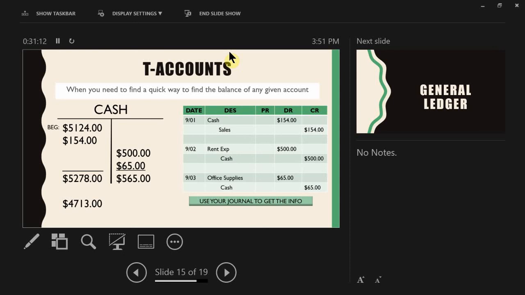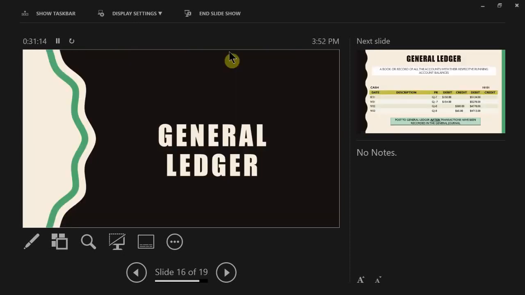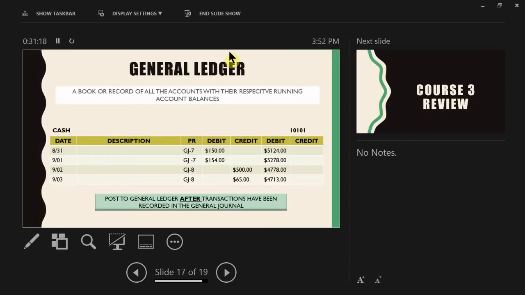Okay? But what we will be focusing on is going to be the general ledger. Yes, so the difference between the journal and the ledger is pretty straightforward, right? The ledger is a list of all of your accounts with their respective balances.